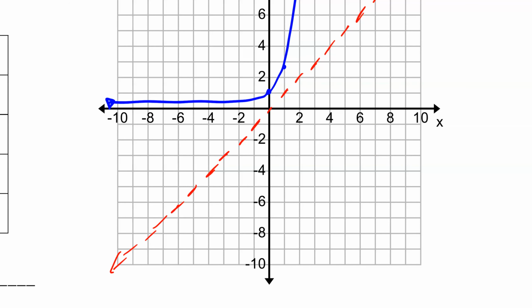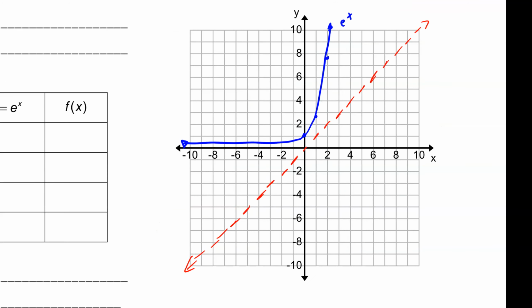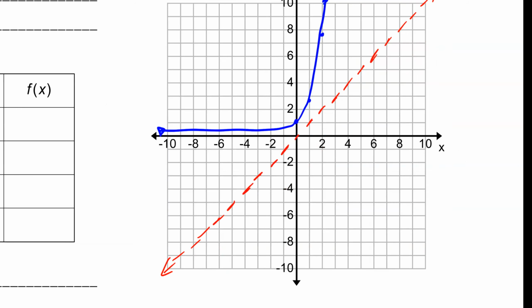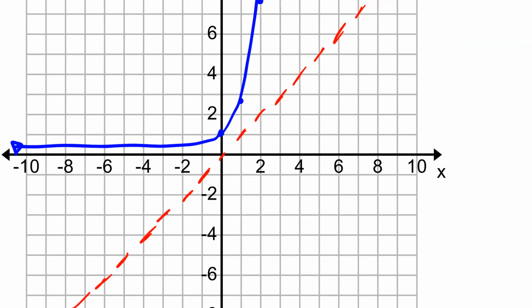So I draw this axis for you. What used to be x comma y is now y comma x. So where I used to have a point at 0 comma 1, now I'll have a point at 1 comma 0. So at 1 comma 0 right here.